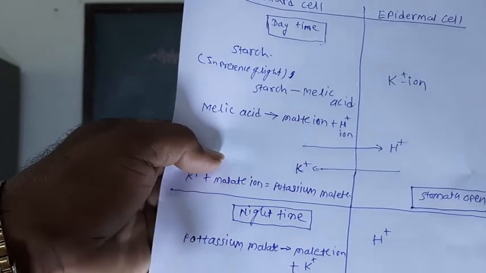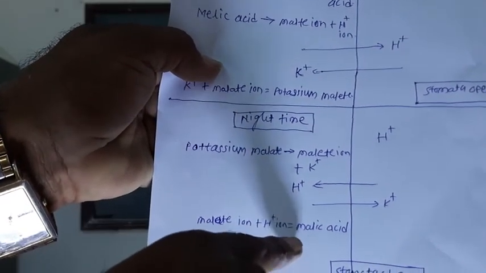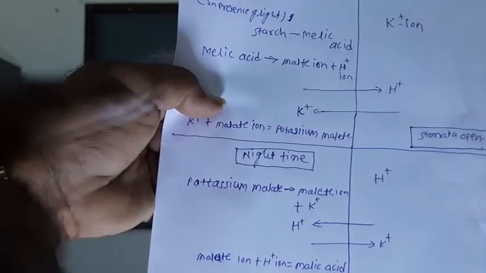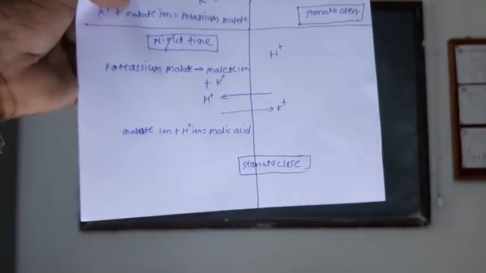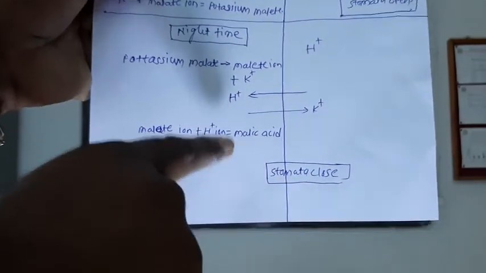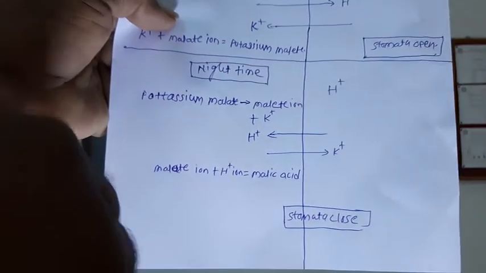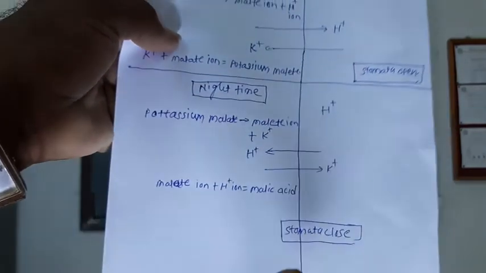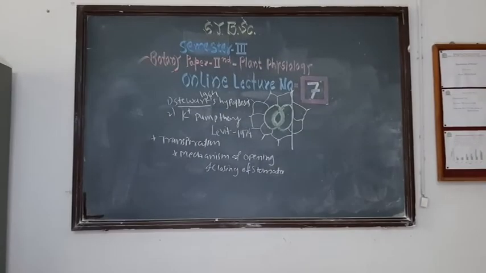Then malate ion combines with hydrogen ion and forms malic acid, and we know that malic acid is insoluble in water. Therefore, the osmotic pressure of the guard cell decreases and the guard cell loses water, and as the guard cell loses water, stomata get closed. Understand?